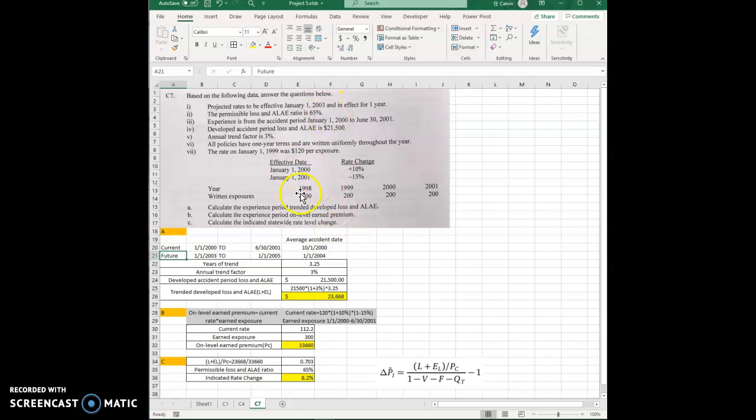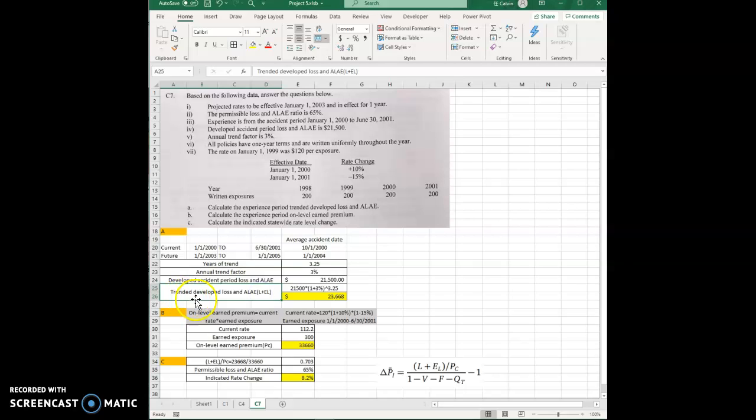And all policies have 1-year terms. So it's about a 2-year delay, and it would be January 1st, 2005. And the average accident date is January 1st, 2004. So we simply use this one minus this one, we get 3.25 years of trend.